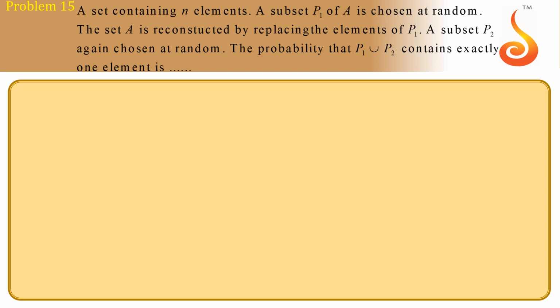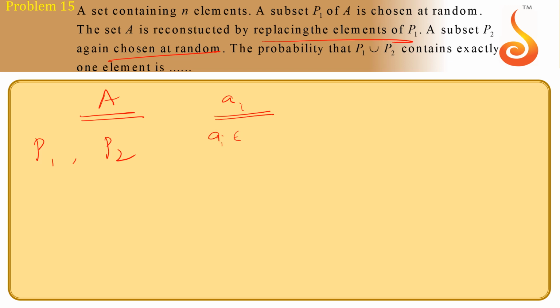If you take this problem like this, suppose A is a set. According to the given statement, P1 and P2 both are subsets of A only. So suppose any element Ai is there, there are four possibilities.